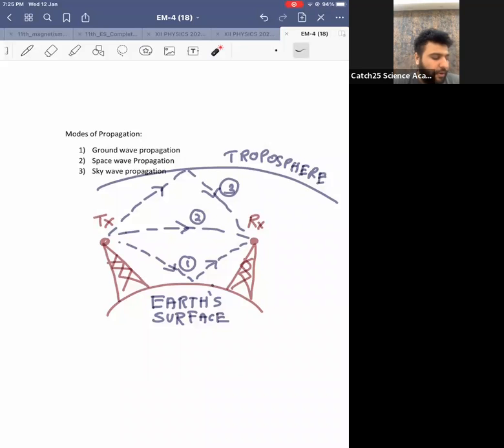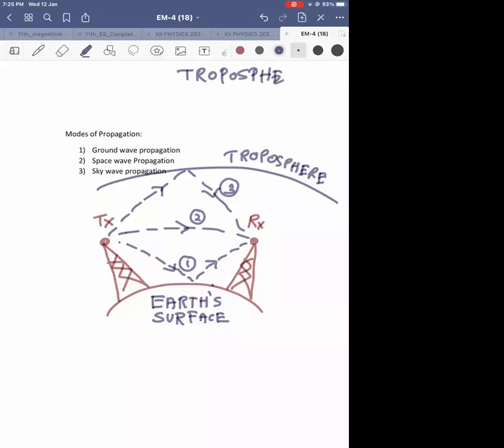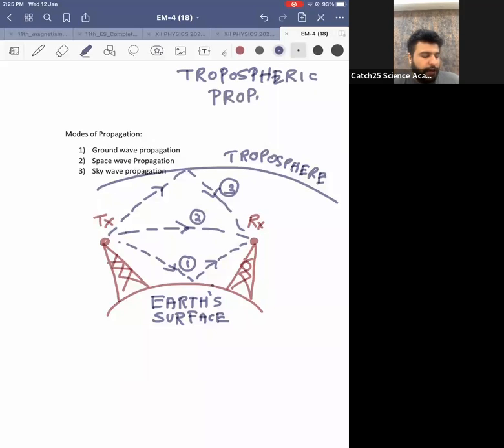And since all of this is happening in the troposphere, this kind of propagation is also called tropospheric propagation. Make a note, quick.